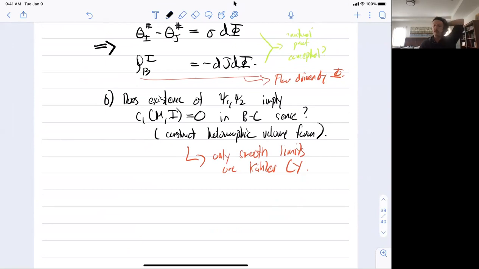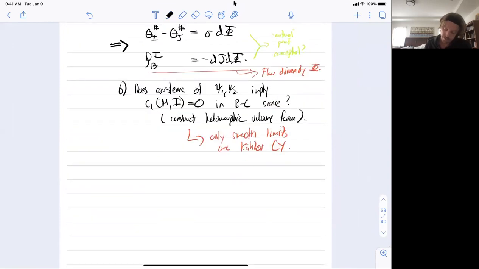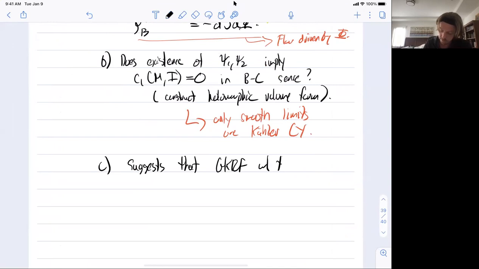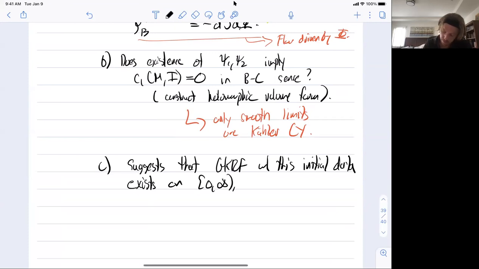And so, if this is true, this suggests that generalized Kähler Ricci flow with this initial data exists globally, and you can even optimistically say converges to Kähler Calabi-Yau.